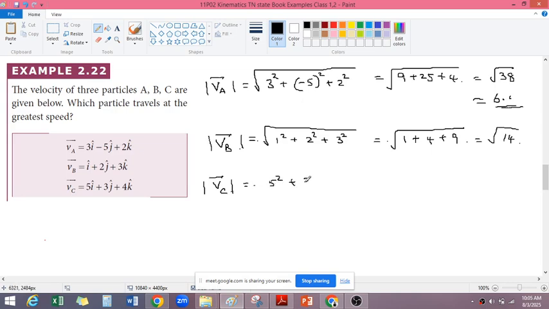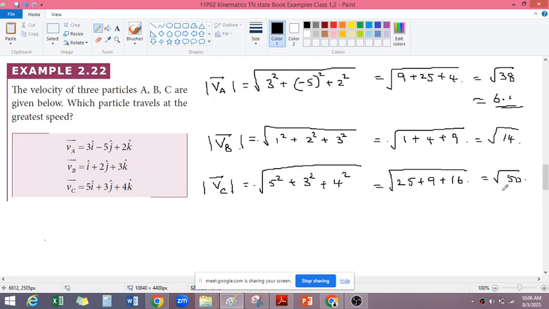Y squared plus 3 squared plus 4 squared. So 25 plus 9, plus 16. 16 plus 9 is 25, 25 plus 25, root of 50.